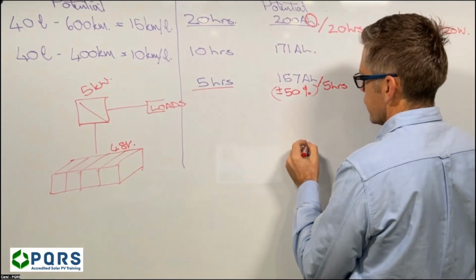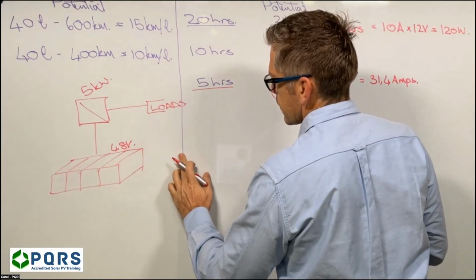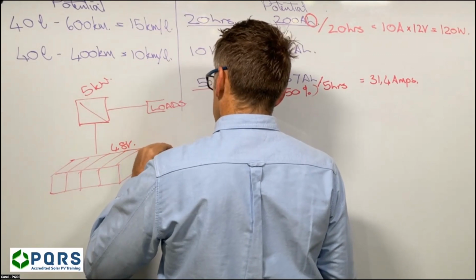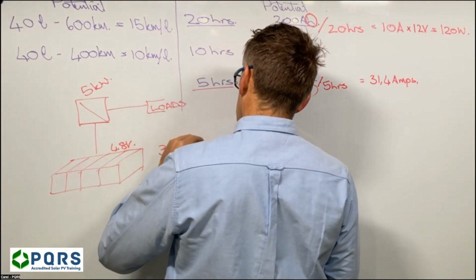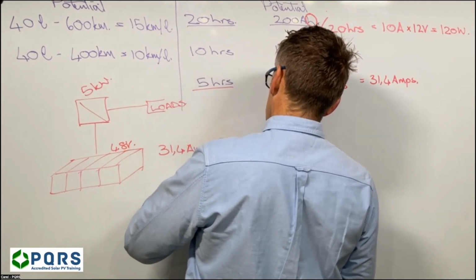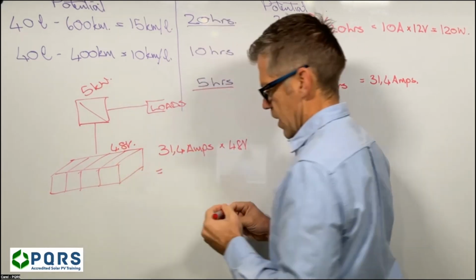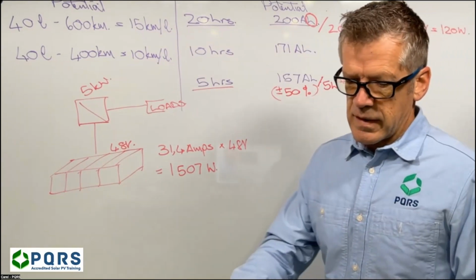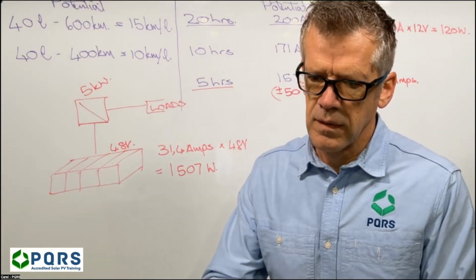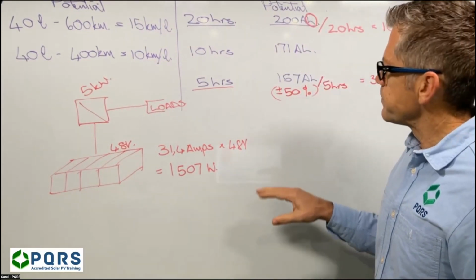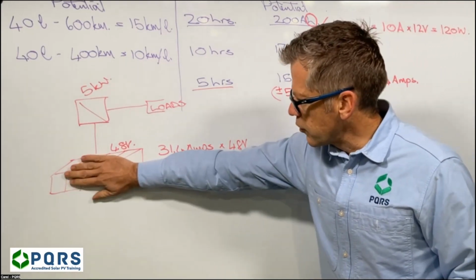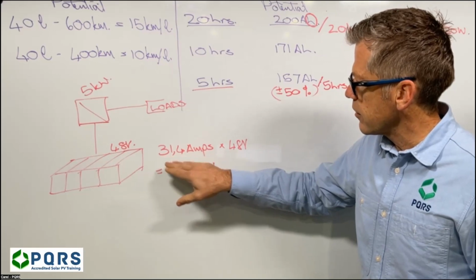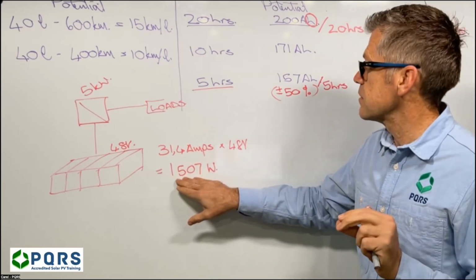If we take the 4 batteries and connect them in series, that's going to give us 31.4 amps multiplied by 48 volts, 1.5 kilowatts. What the data sheet is saying, if we take these 4 batteries, we are discharging them at a rate of 1.5 kilowatts.